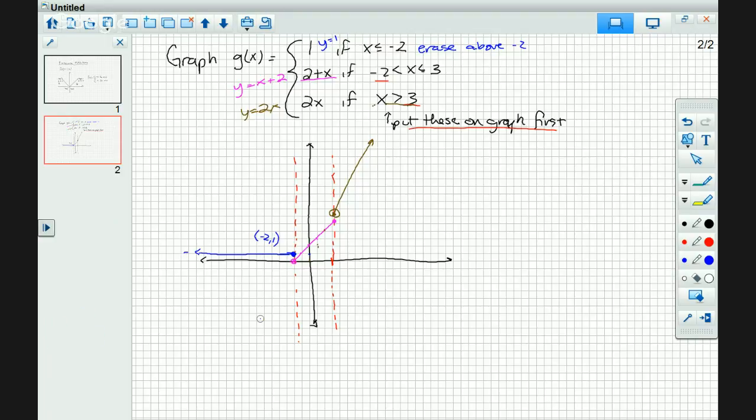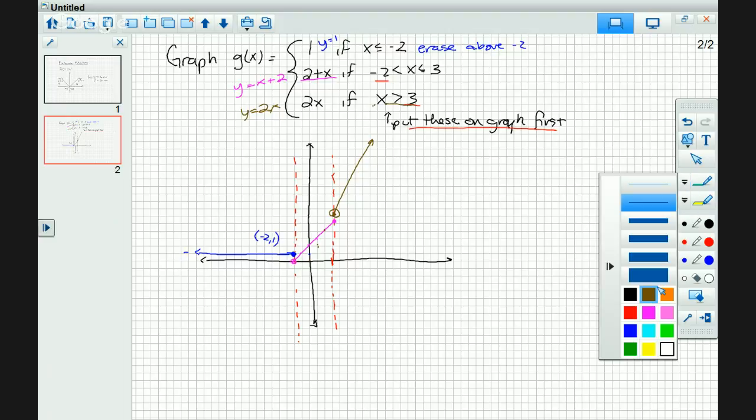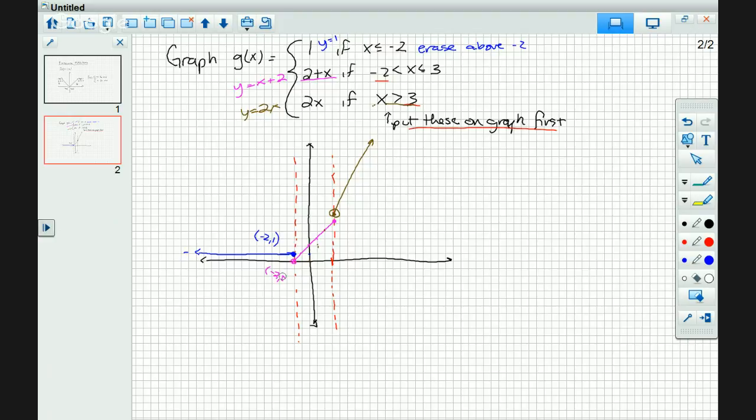You can also do this one. At -2, what does that give us? 0. So you can plot that point. You can then plot this point at 3, 5, and connect the dots. It's linear. We can go elementary on ourselves, like connect the dots.